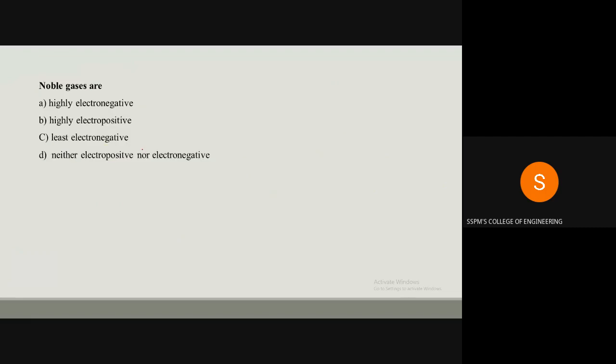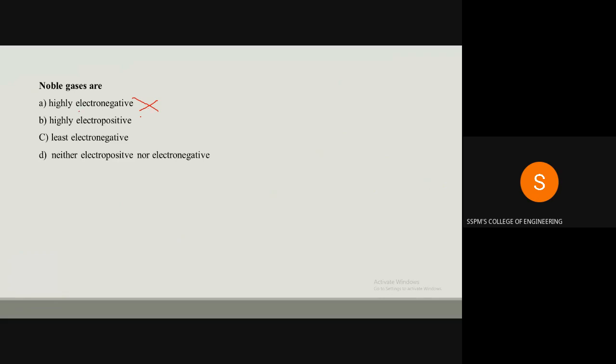Are noble gases highly electronegative? No. Noble gases are not electronegative. If they were electronegative, how could they be inert gases? Inert gases do not react with any other molecule.